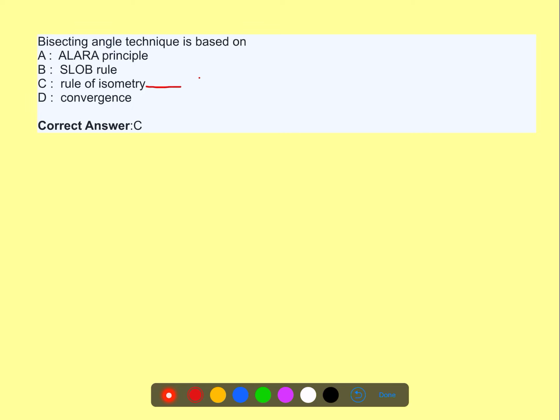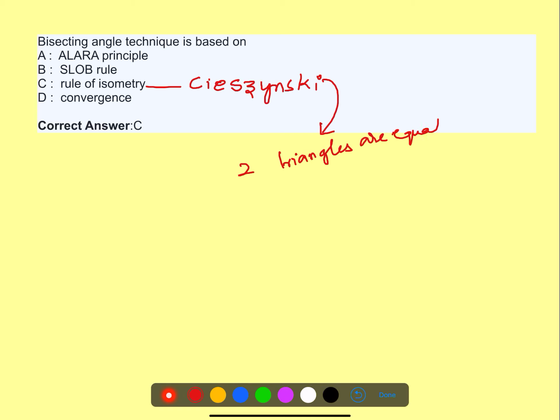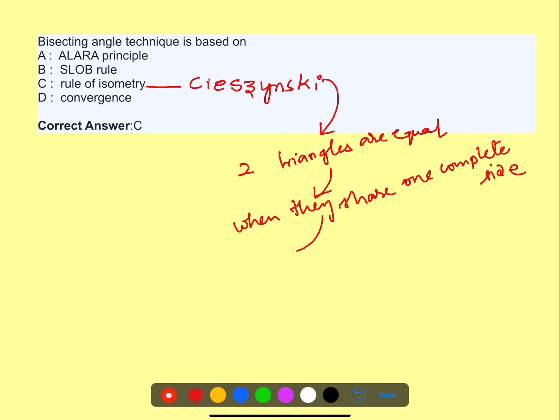It is also called Cieszynski's rule, which states that if two triangles are equal when they share one complete side, they have two equal angles.